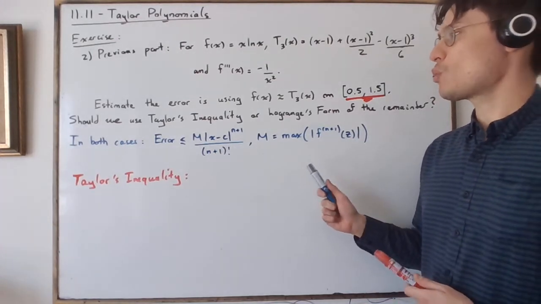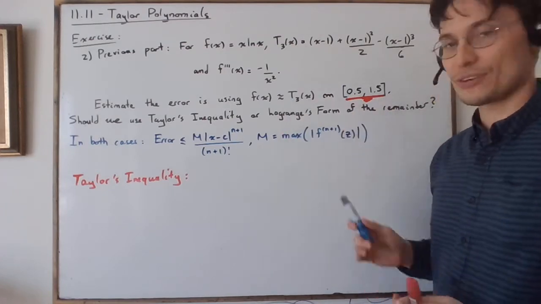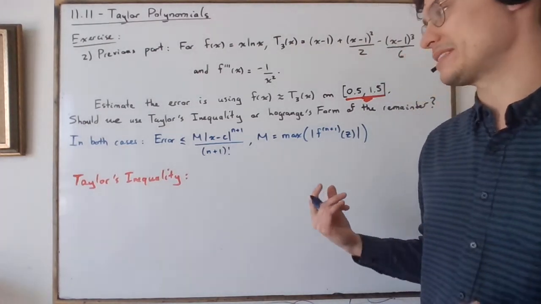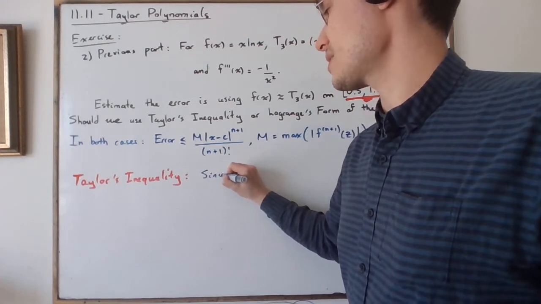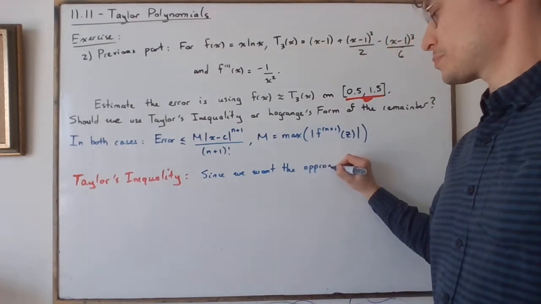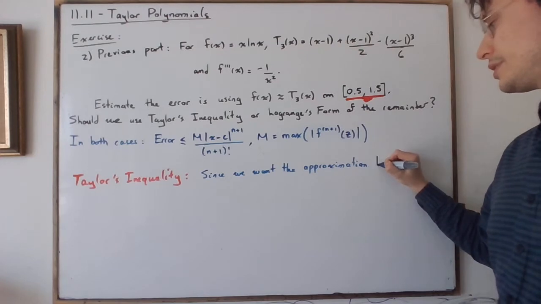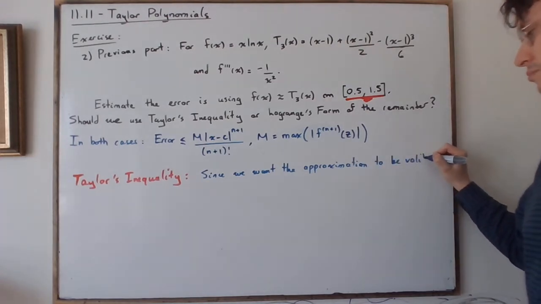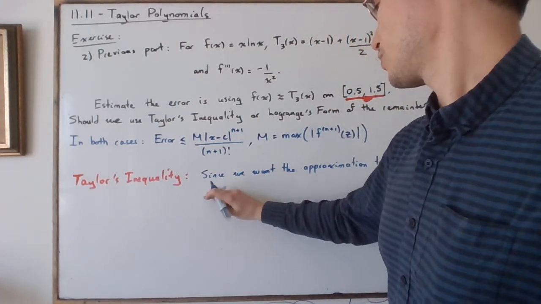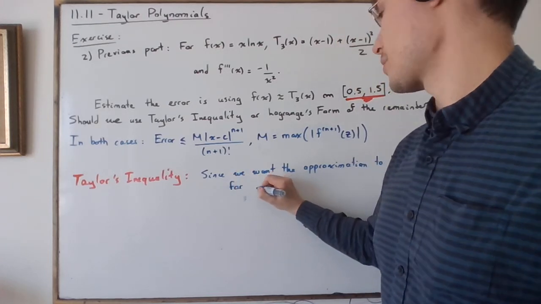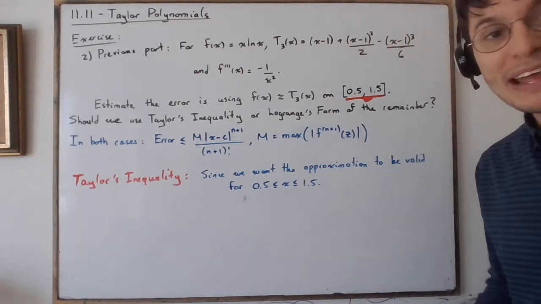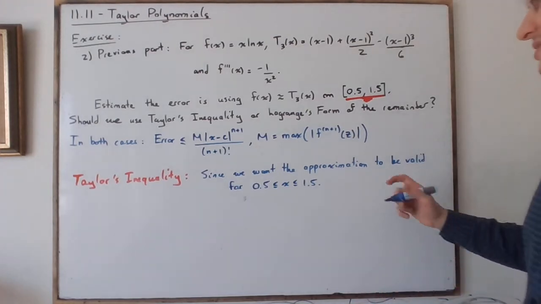But now, since we want the approximation to be valid on the interval, so for x between 0.5 and 1.5, we have to consider the largest possible value for x minus c.